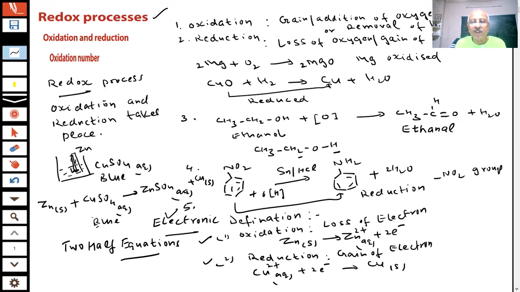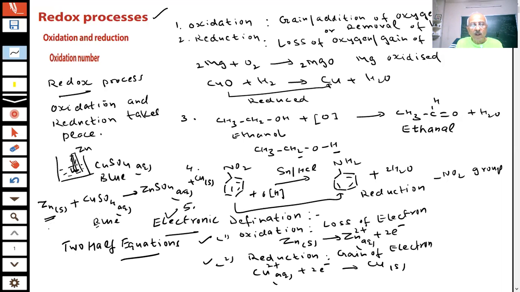So in this reaction, what is happening? Can you tell me, student, which is being oxidized and which is being reduced in this reaction? What is being oxidized in this? Tell me. Whether zinc is being oxidized or reduced, student, tell me. Zn plus CuSO4.